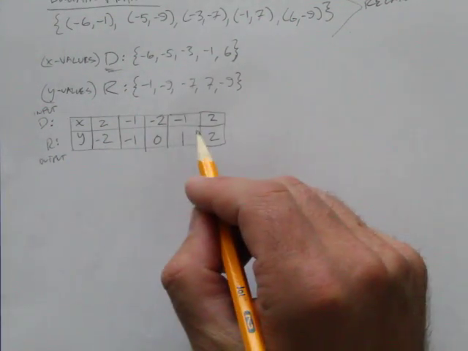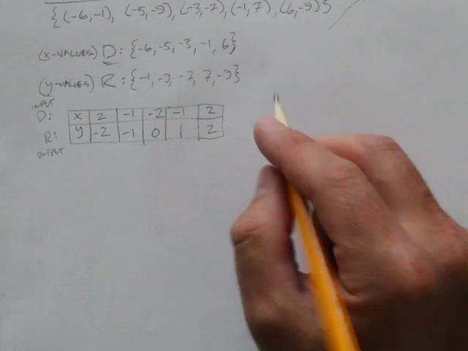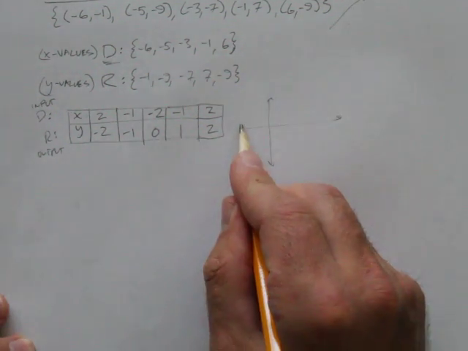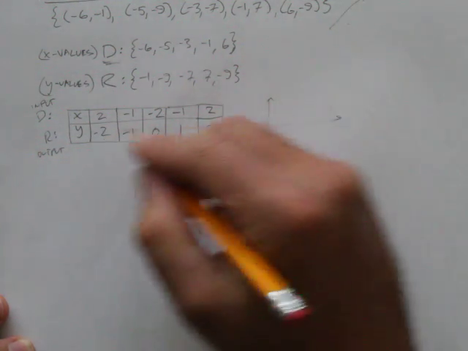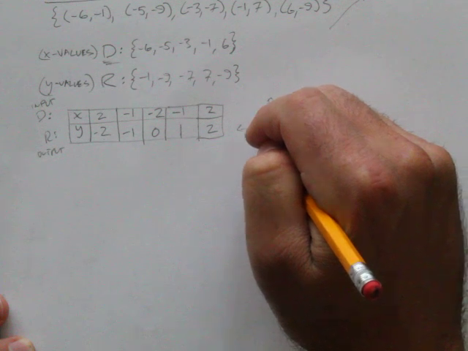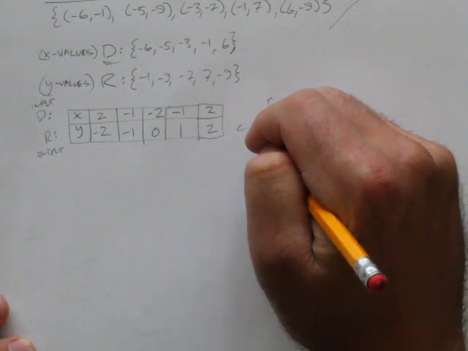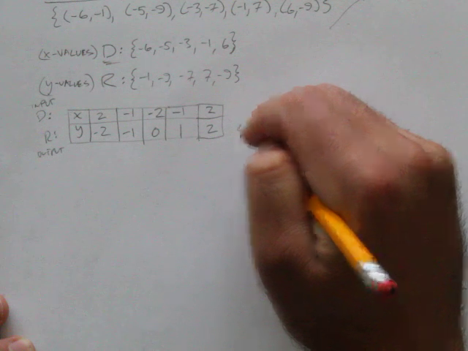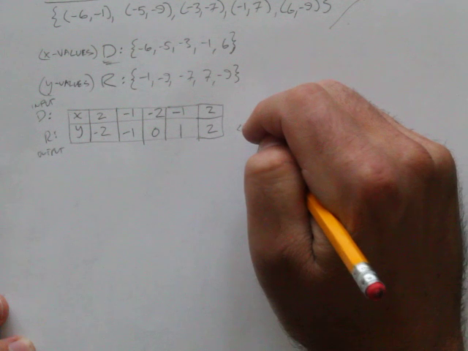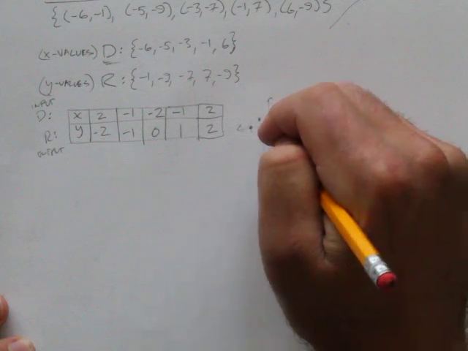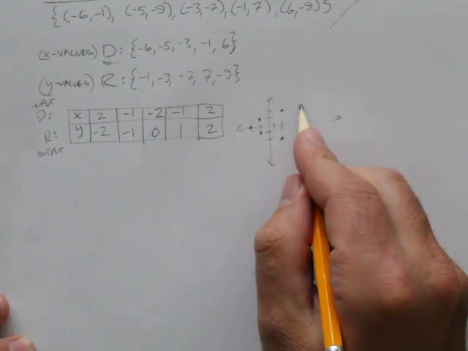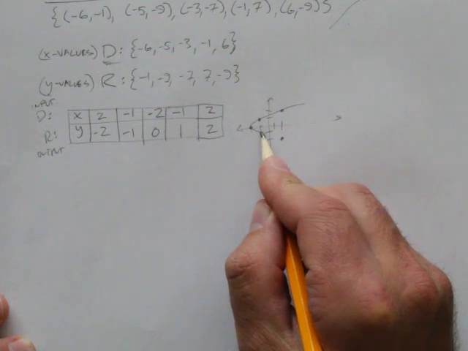Now this particular relation, if I was to graph it, would look like this. I have (2, -2), (-1, -1), (2, 0), (-1, 1), and (2, 2). So this would look like this.